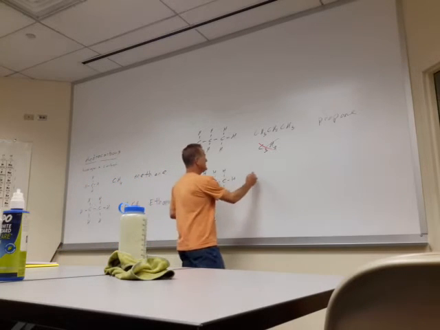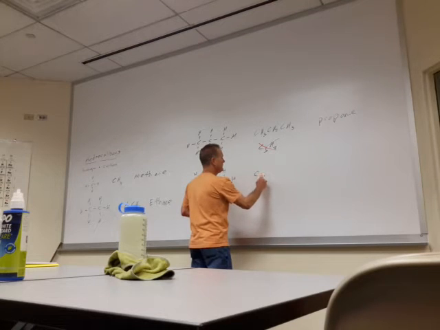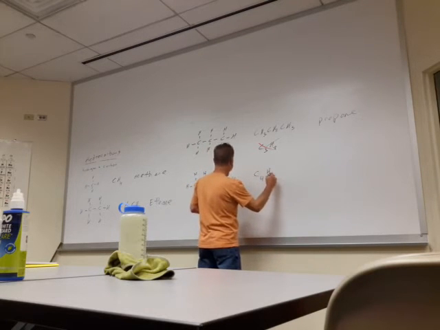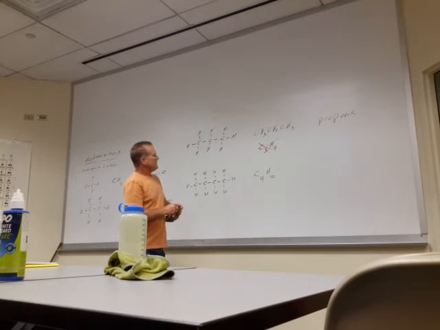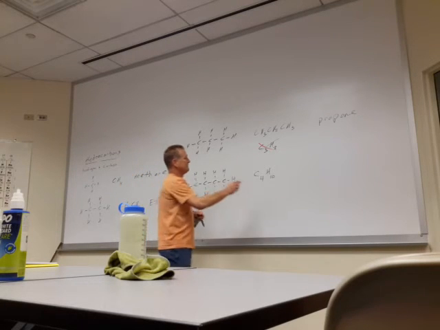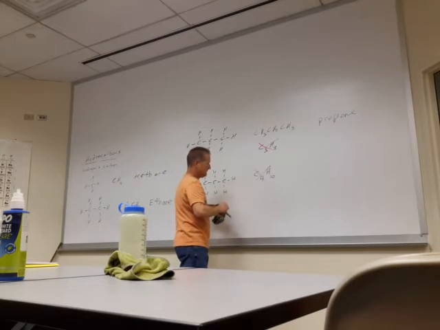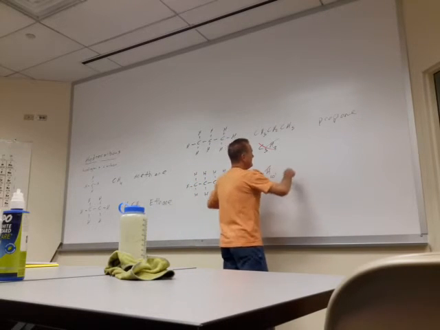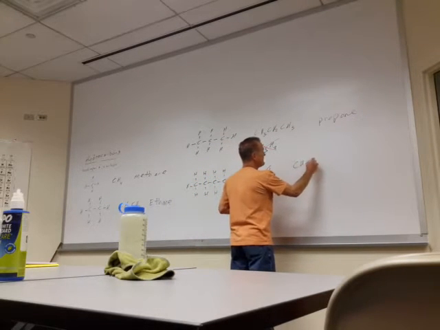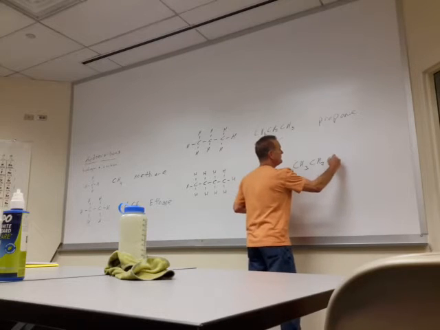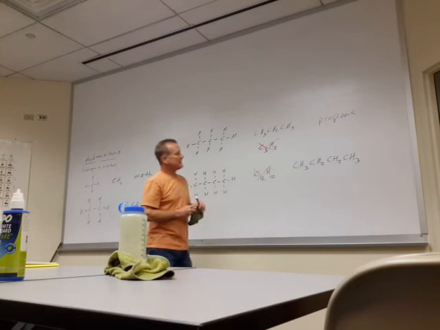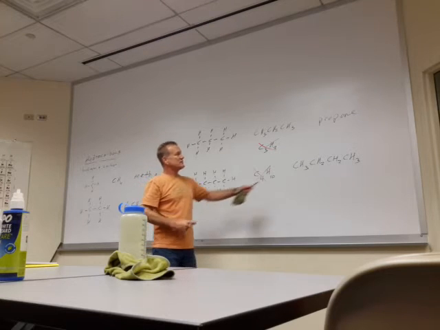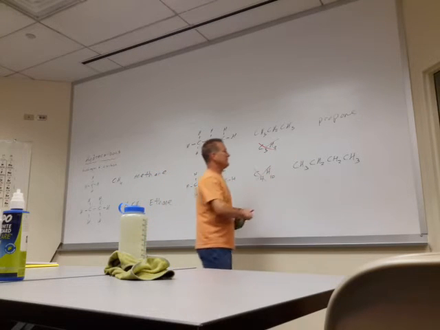You could show this one as C4H10, but you don't want to do that. You could show it as CH3, CH2, CH2, CH3. And there is a way to shorten this a little bit.